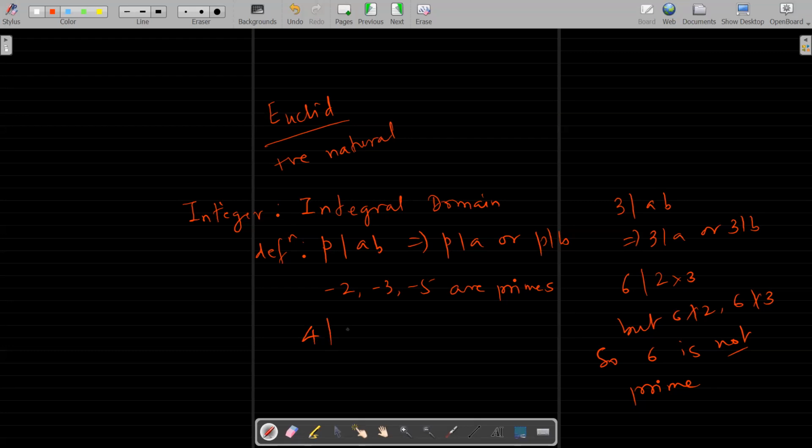But in general, if 4 divides the product of two numbers, can you surely say that 4 either divides A or 4 divides B, always? Not just for one example. For example, 4 divides 2 into 10. Is that right? But can you say 4 divides 2 or 4 divides 10? No, that is not true. So this property is not always true for 4, which means 4 is not prime.